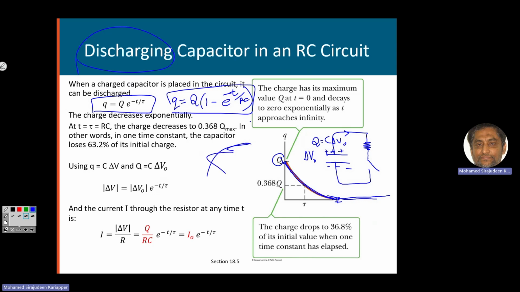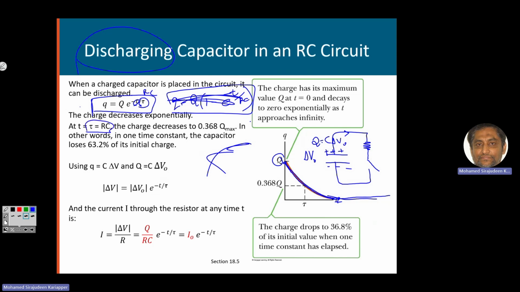The charge will drop as you wait. As the time increases, the charge will become less and less, and eventually become zero. So this is the equation for the charge as a function of time when discharging. So do not confuse that with this equation. That equation is when we are charging. And the same constant appears. This tau is the RC.